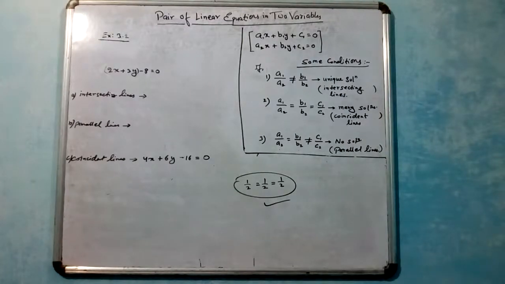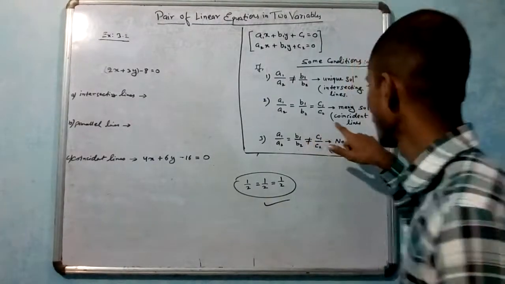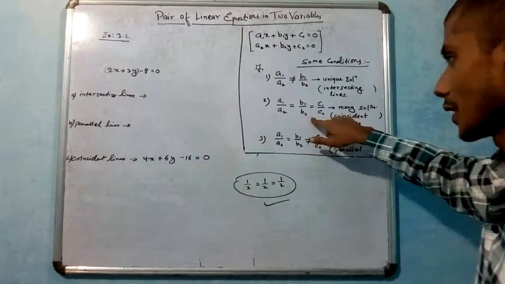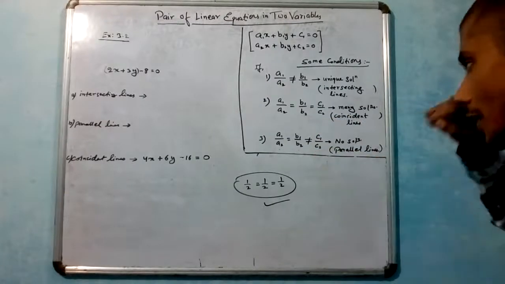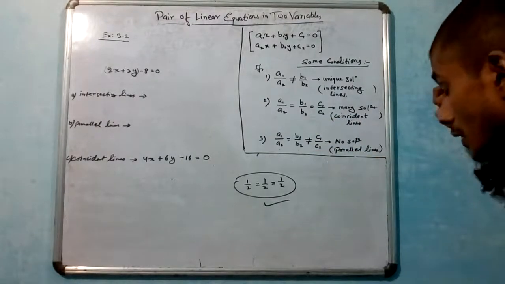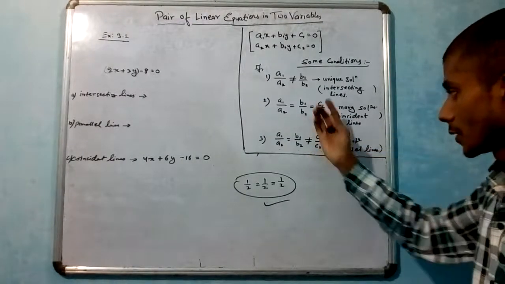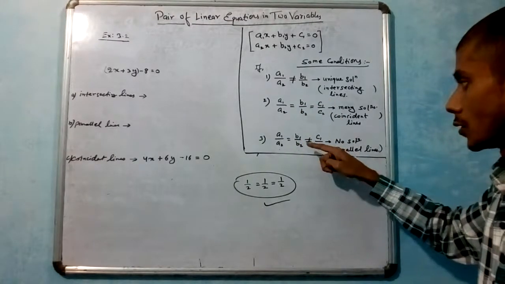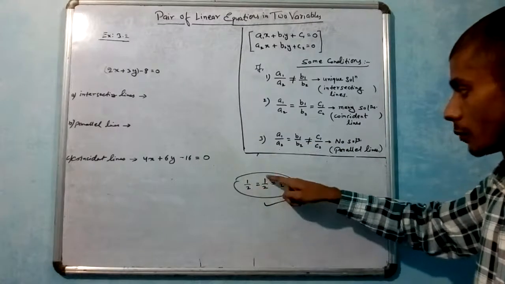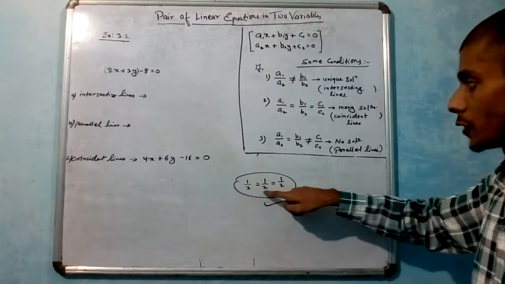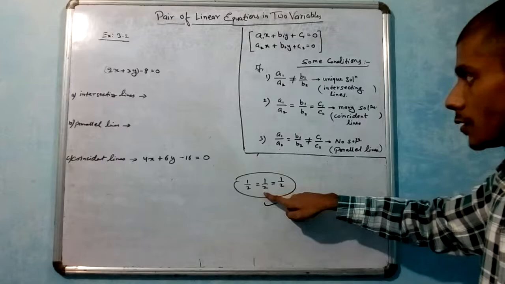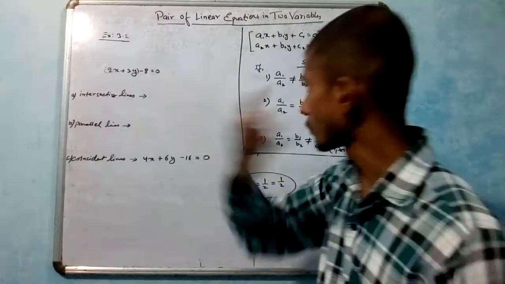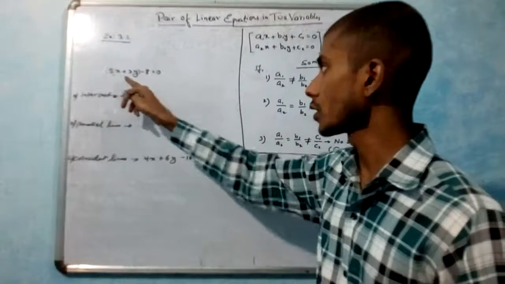See here, what did I tell? Coincident lines are done. Now we are talking about parallel lines. In parallel lines, you must get this condition: A1 by A2 must be equal to B1 by B2. How did we get A1 by A2 equal to B1 by B2? When we multiplied the given equation with some constant throughout, we got all 3 ratios equal.